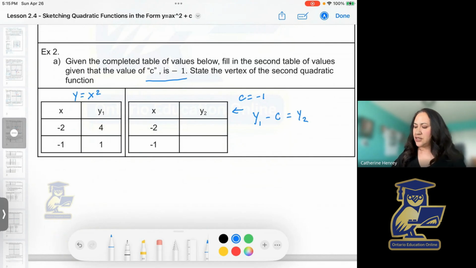So in my first example, I'll use 4, and I'm going to subtract -1. So that equals 3. And there you go. Next, I'll use 1, and I'll subtract -1, and that'll give me 0.